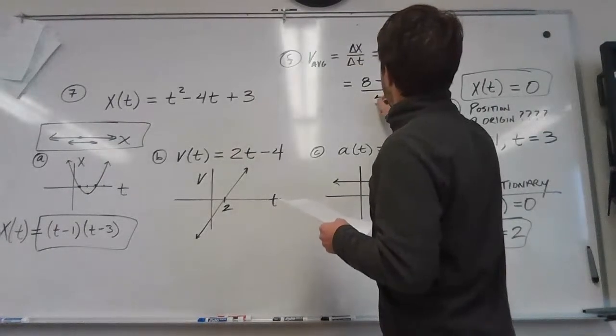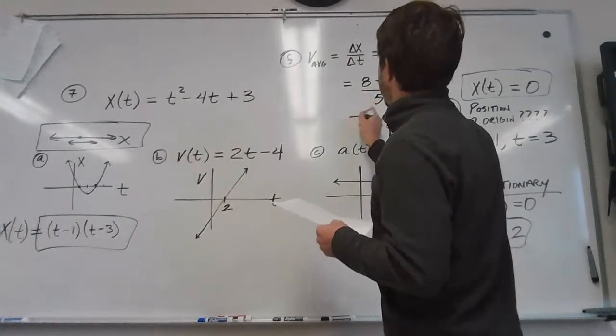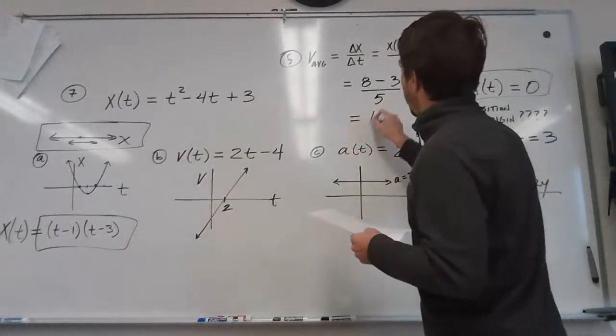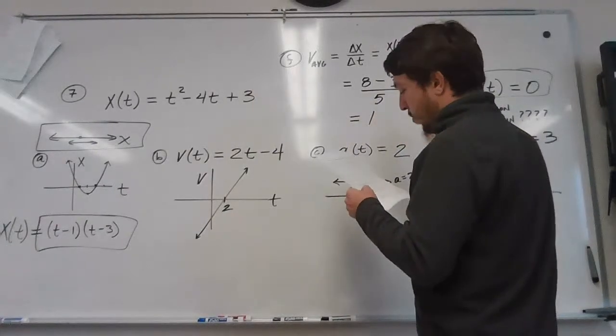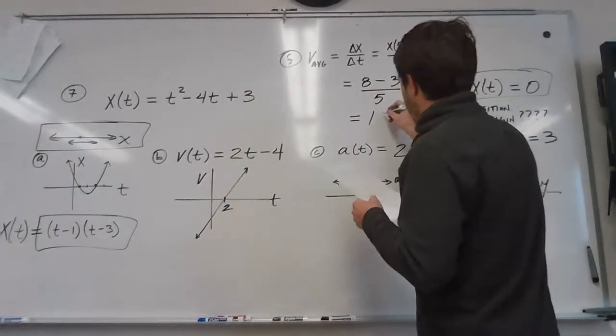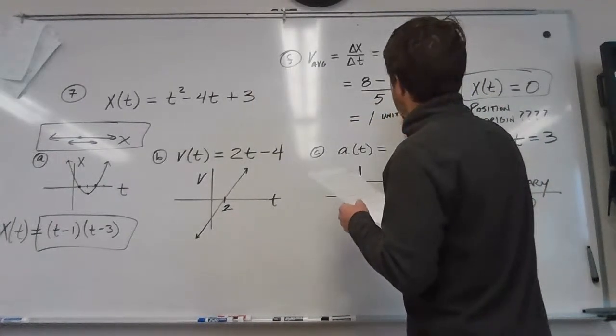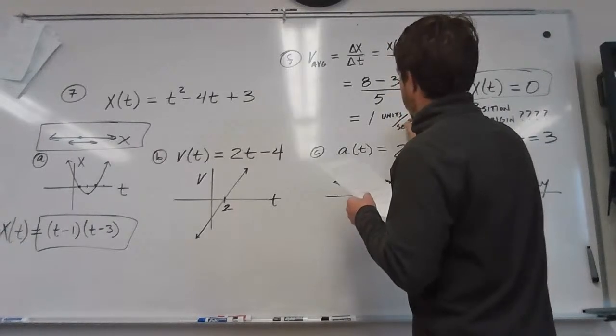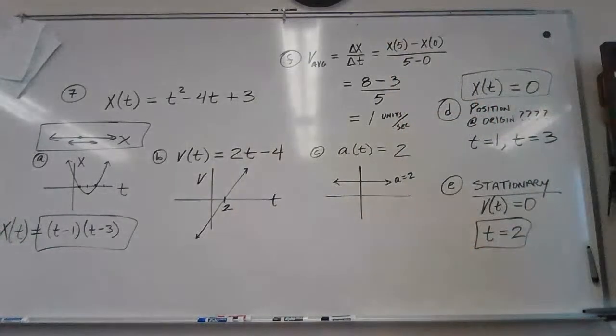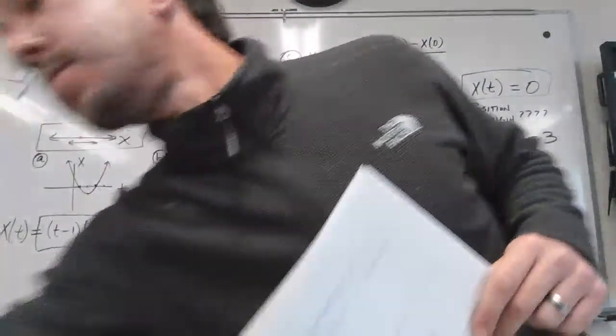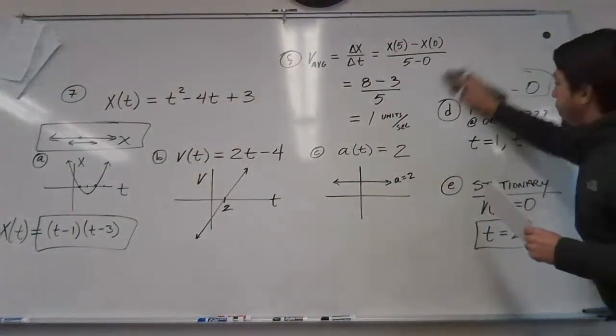Over a time period of 5. So what's the answer to the average velocity? 1. There weren't any units really given, so I guess we can just assume it's seconds. So that's the average velocity, 1 unit per second. What's this?